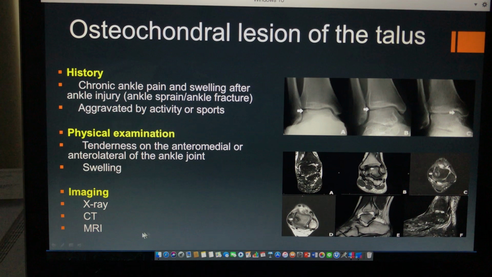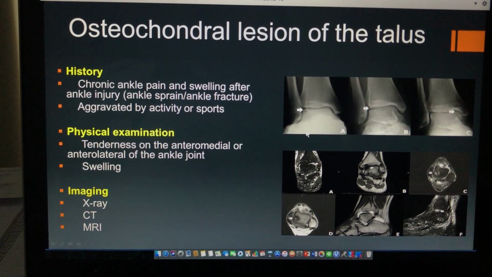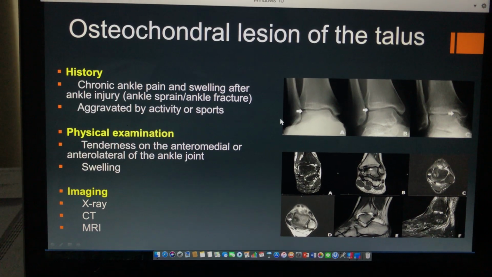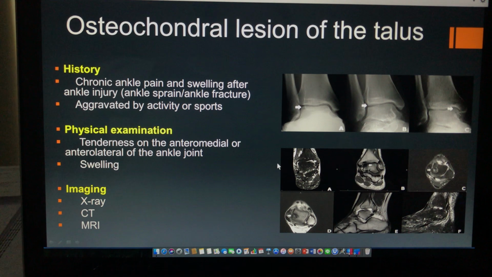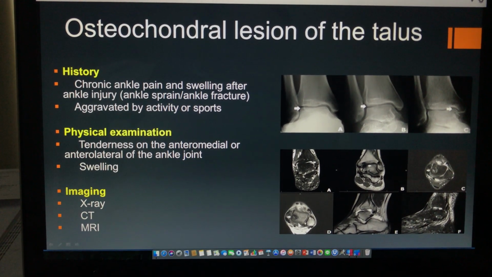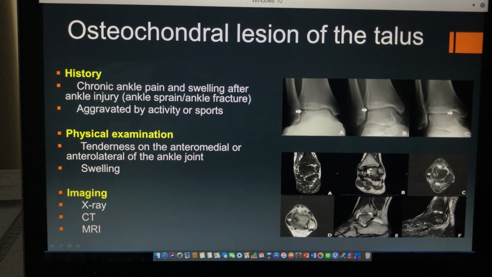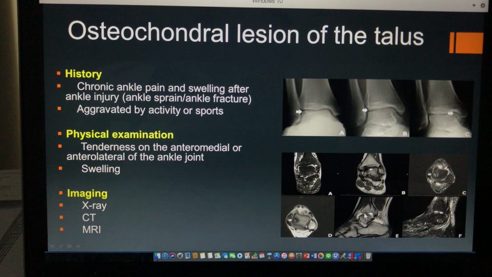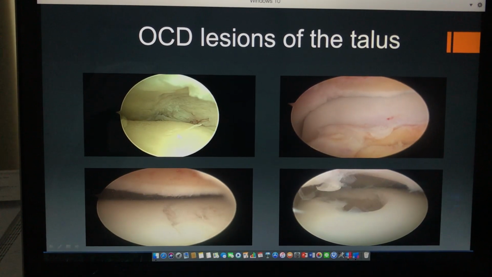Imaging can be helpful. X-ray has low sensitivity, approximately 20%, but a negative X-ray cannot rule out this condition, so MRI is the gold standard to identify this problem. On MRI, you can see the bony defects right here and right there, and this is a bony fragment on the top of the talus. The treatment is usually based on size.